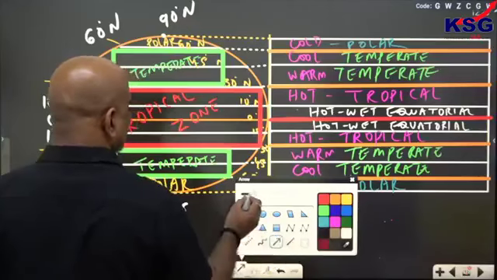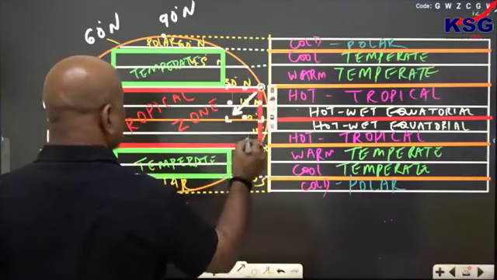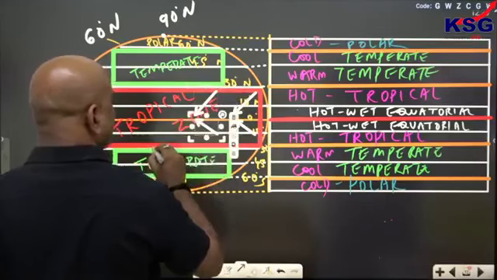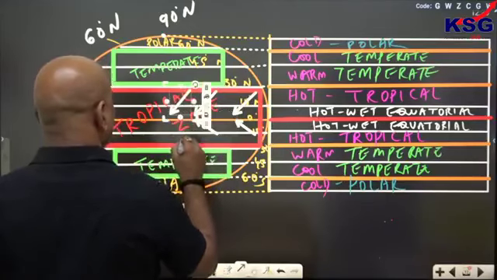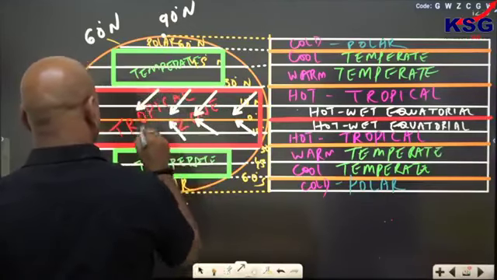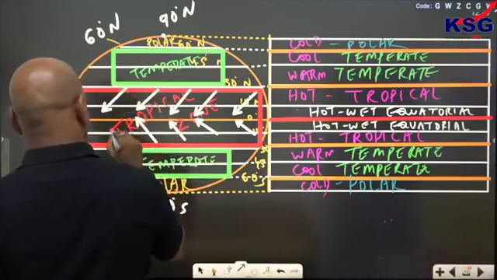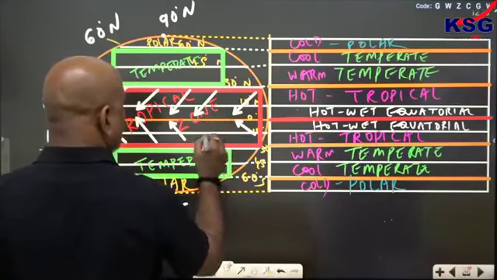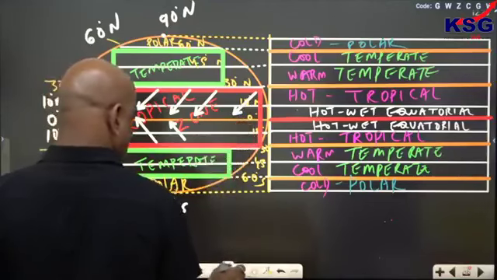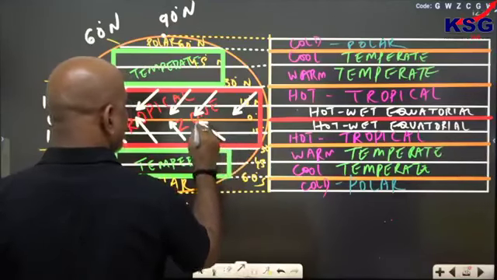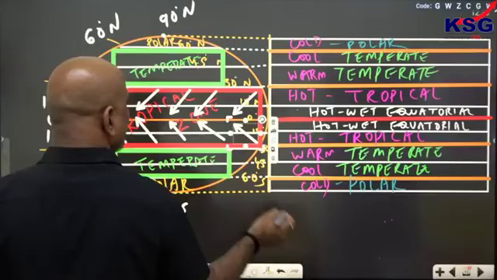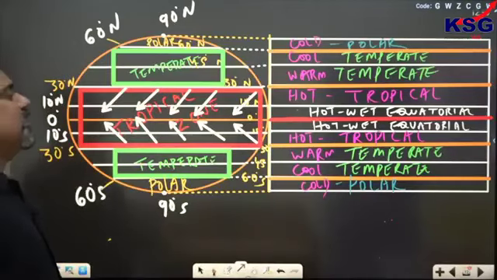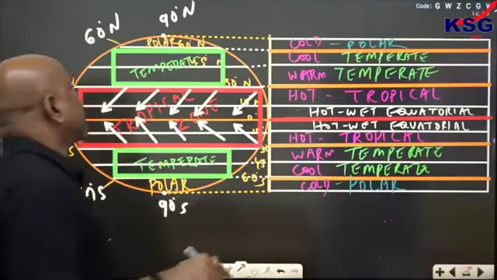Here the wind is coming in this way, isn't it? ये easterlies wind है. Tropical climate is influenced by easterlies wind.